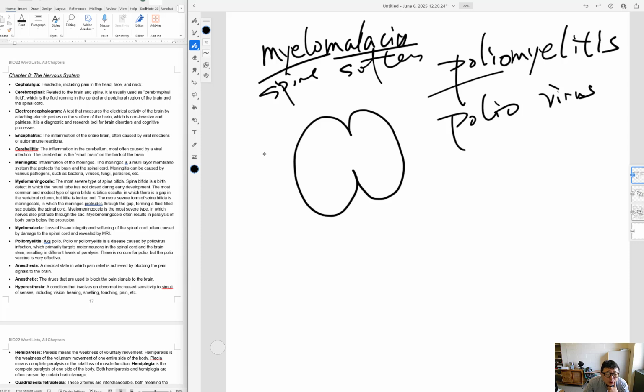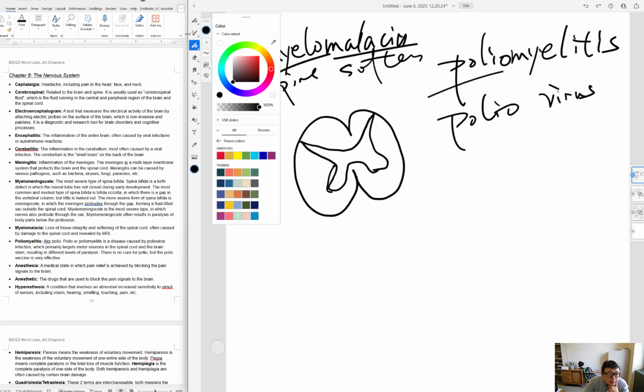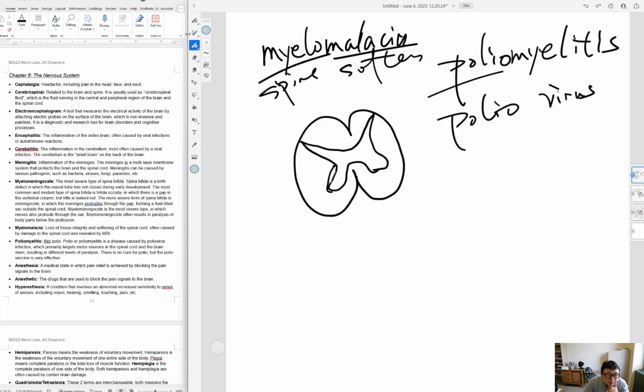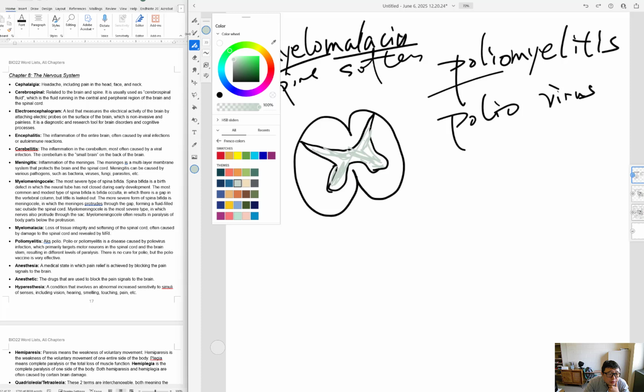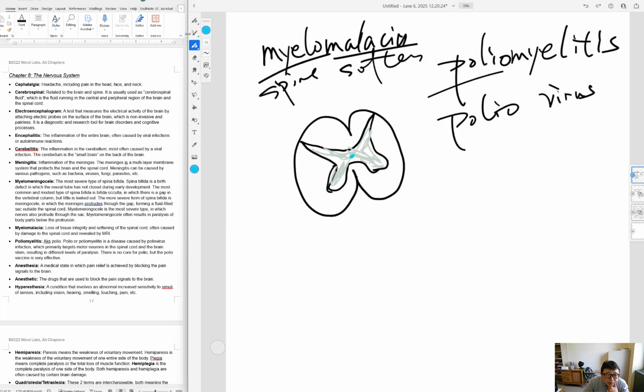I'm trying to draw the cross section of the spinal cord. In the center, which I mentioned here, is the central canal, where you have the cerebrospinal fluid coming through, and then it's surrounded by the meninges here.